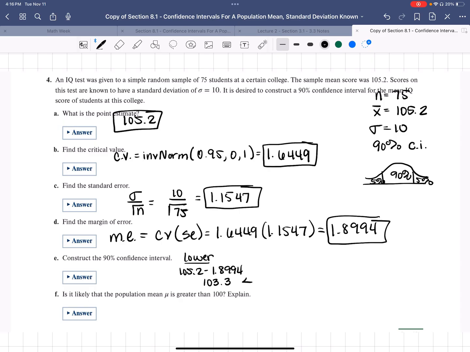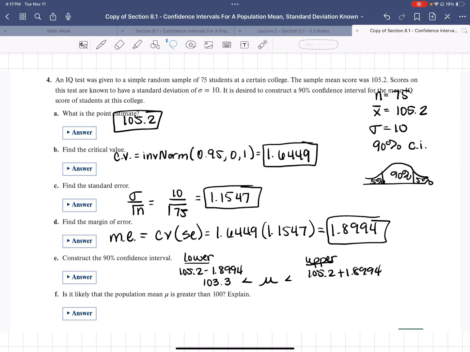Okay, and that means that mu is greater than 103.3, and it is less than, now calculate that upper, I'm going to take 105.2 plus 1.8994, and that gives me 107.1.